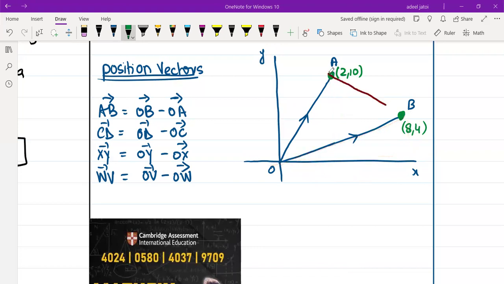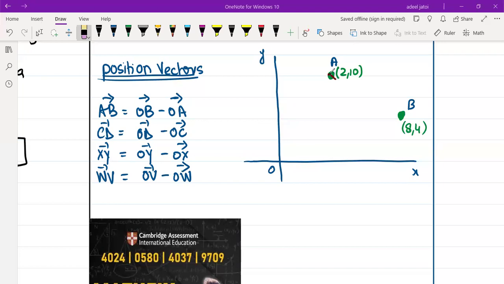But you have been told to find AB now. Generally, these two lines are not there. So we are just working with coordinates. How are we going to link these coordinates with each other?